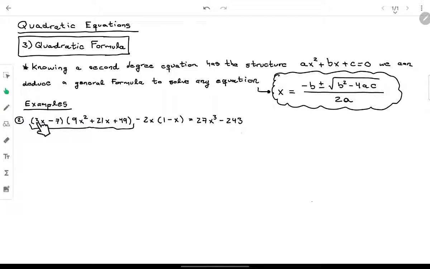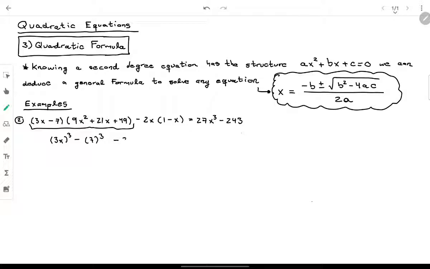This one is the multiplication of the two of them positive, 7 times 3 is 21x. And this one is the square root of this one. So that means the answer is going to be a difference of cubes, that it's going to be the first one cubed minus the second one cubed.